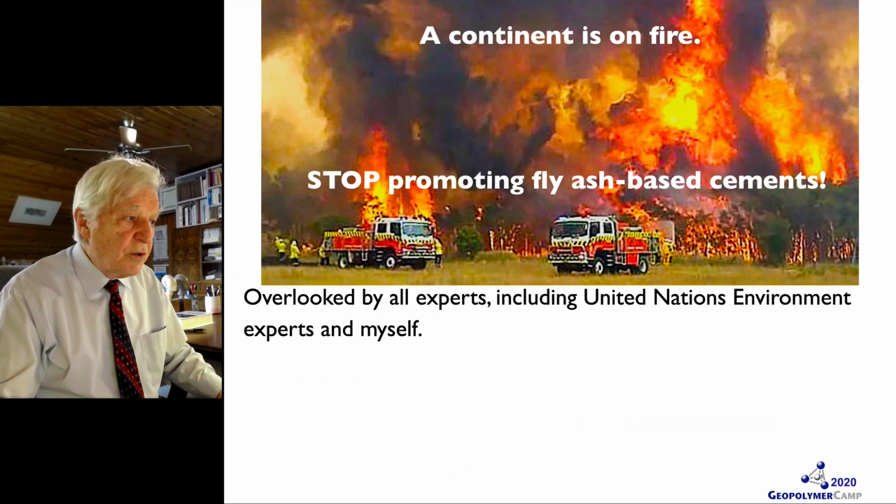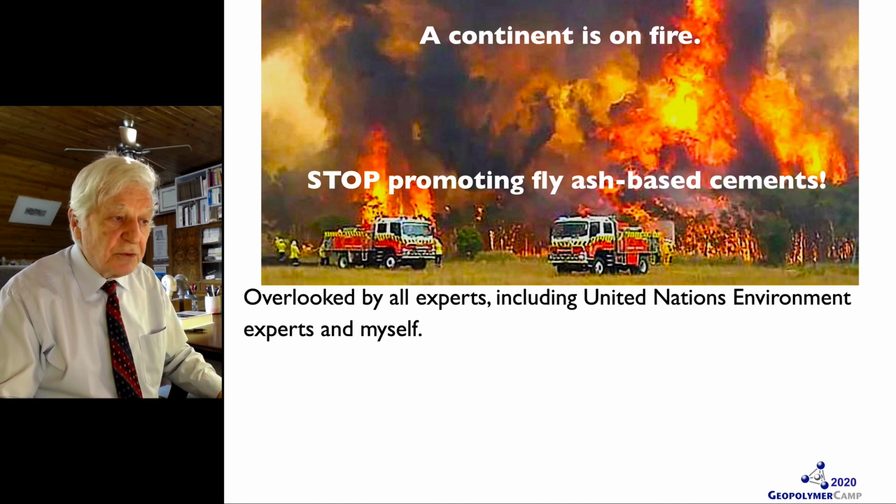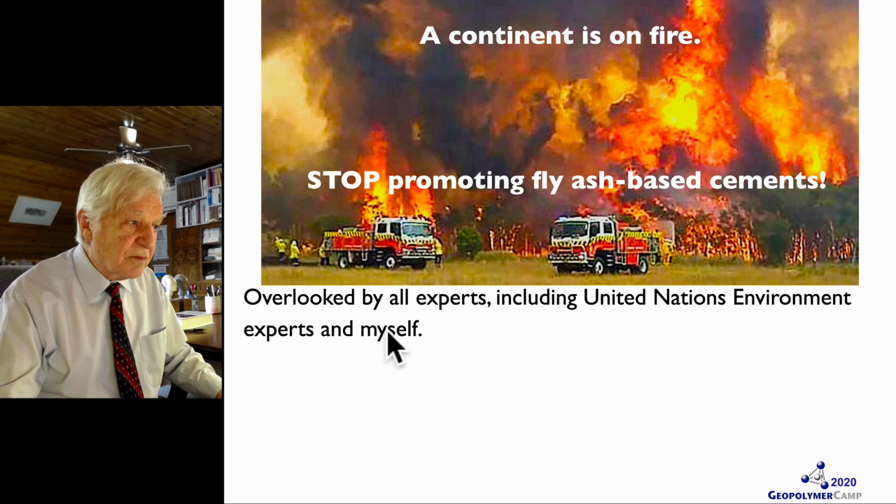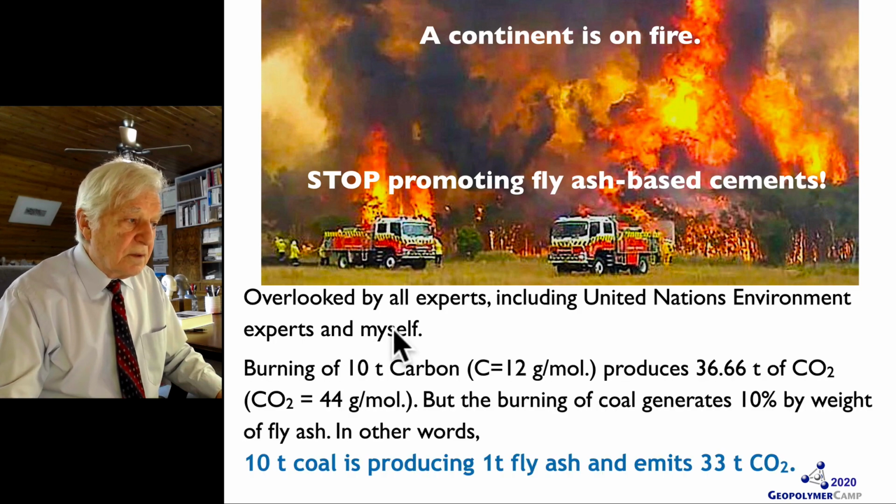This has been overlooked by all experts, including United Nations environment experts and myself. The burning of 10 tons of carbon, 12 grams per mole, produces 36.66 tons of CO2. But the burning of coal also generates 10% by weight of fly ash.